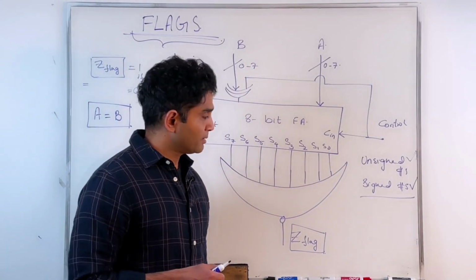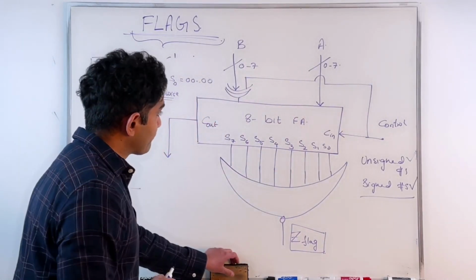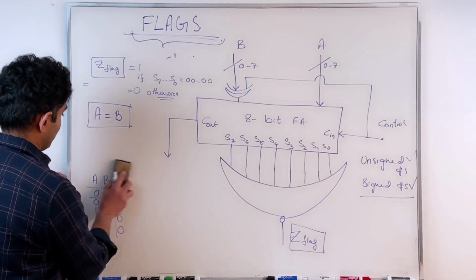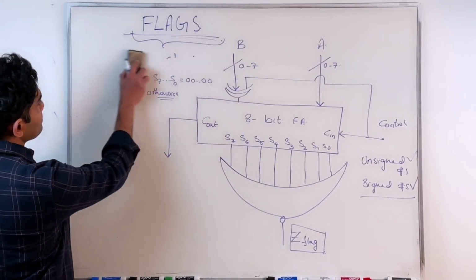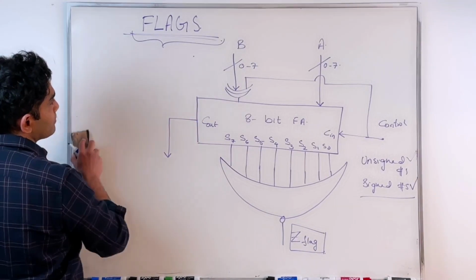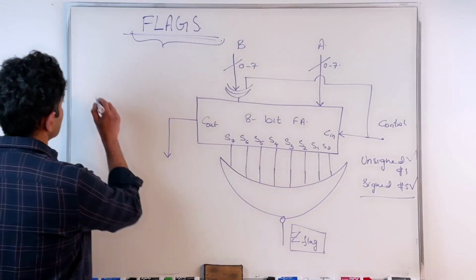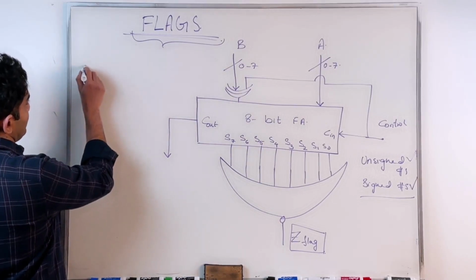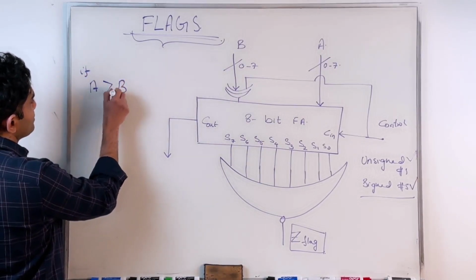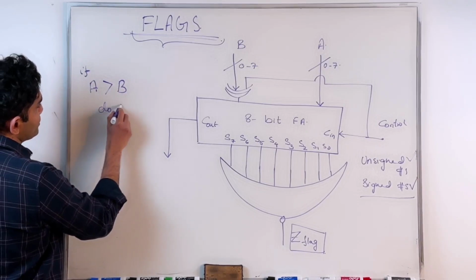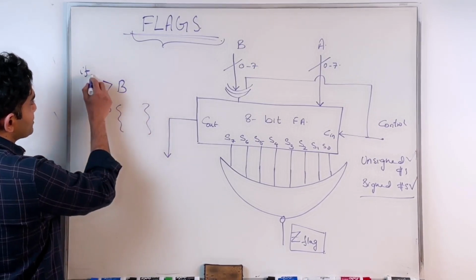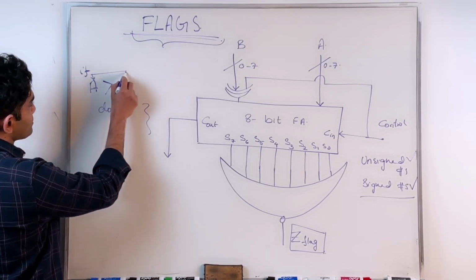Another way of putting this is, I'm writing code. Let's say if A is larger than B, then do certain operations. In this case, I'm actually testing the magnitude between these two numbers.